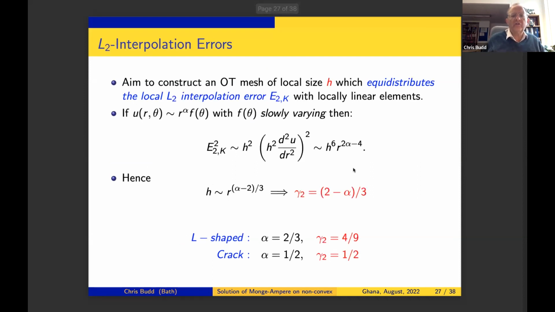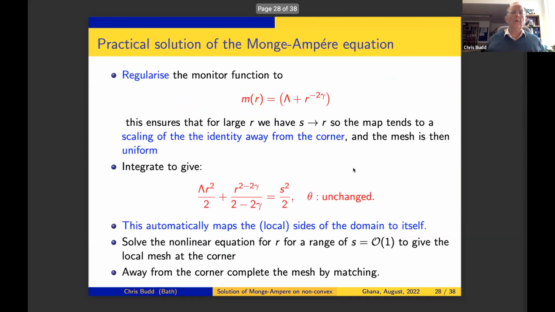You can do the same in L2. There are various technicalities in the way things work, but the bottom line is that gamma for L2 is 4/9 for the L-shaped domain and is a half for the crack. Okay, so how do we solve this? You take that value for gamma, and you regularize the monitor function a bit so that it tends to a uniform mesh away from the corner.